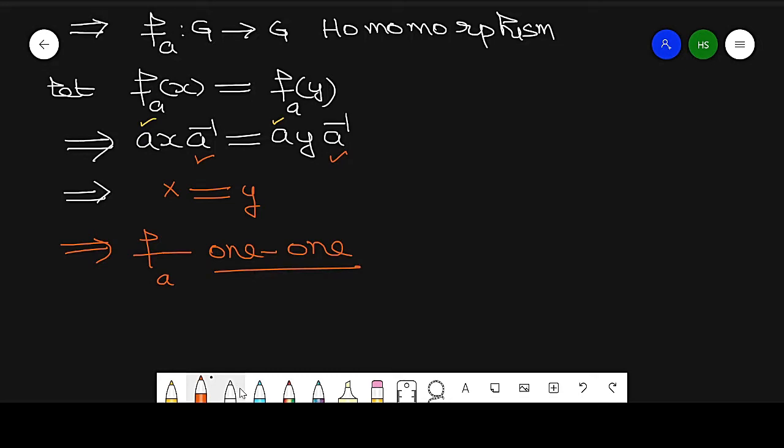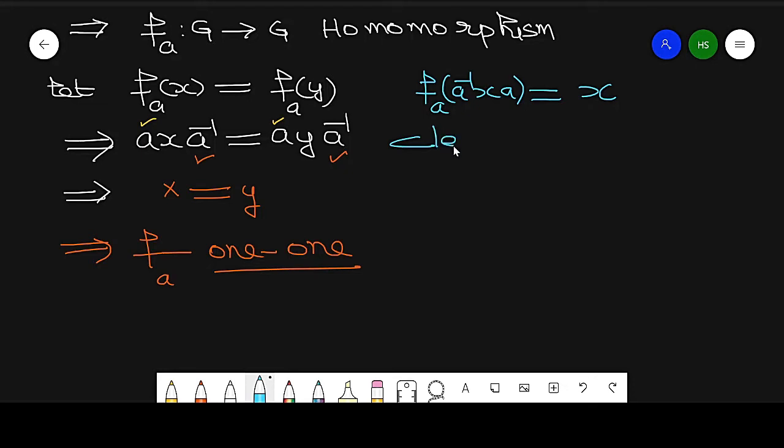Now onto. To prove onto, every element of G must have a pre-image. We know that f_a of (a inverse x a) can be written as x, so this element has a pre-image.